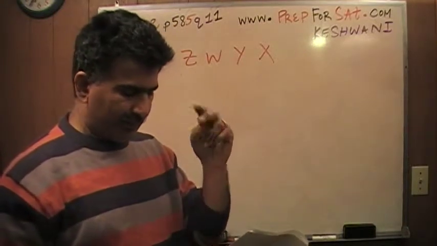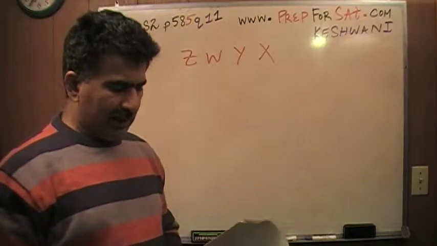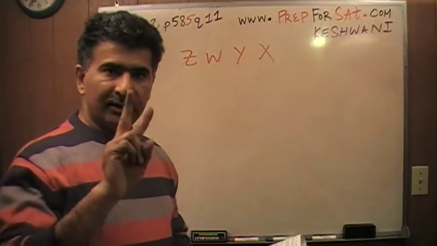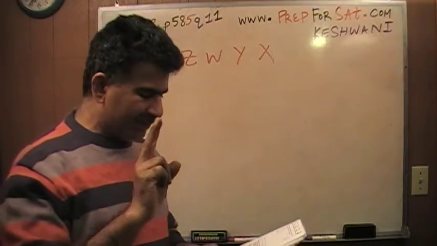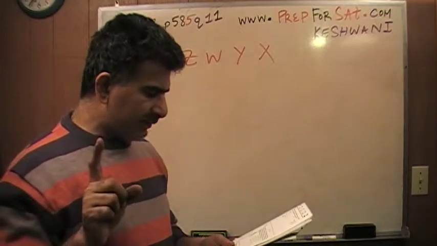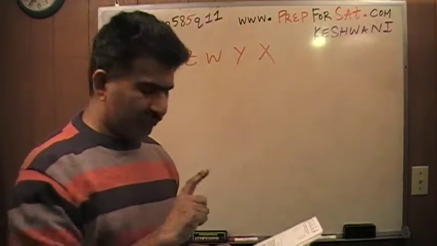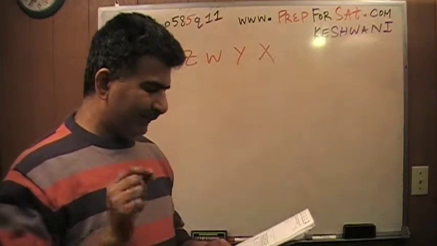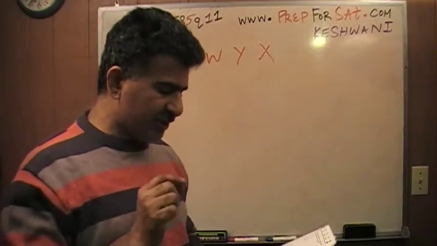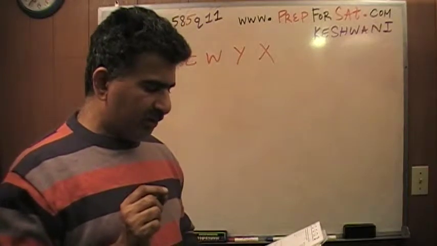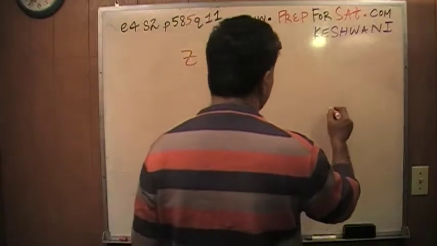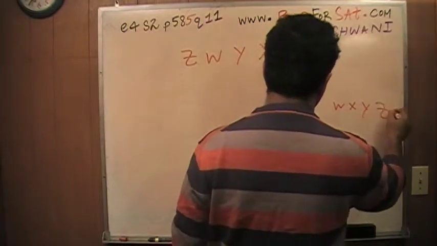There are 2 ways we are allowed to manipulate the sequence. Either 2 adjacent letters may be interchanged, the 2 neighboring letters, or the entire sequence may be written in reverse order. The question simply is, what is the least number of such changes that one needs to do in order to put this sequence into alphabetical order? Of course, at the end we want W, X, Y and Z.